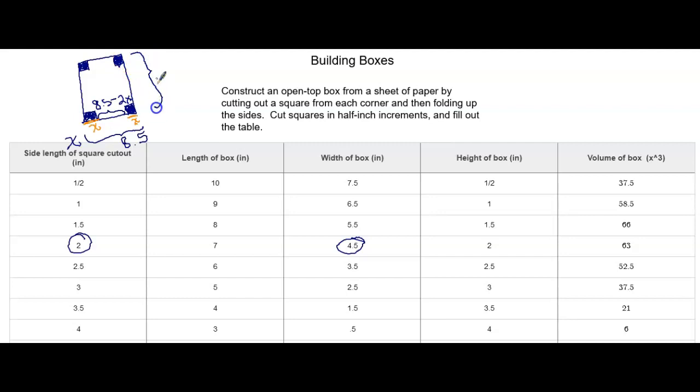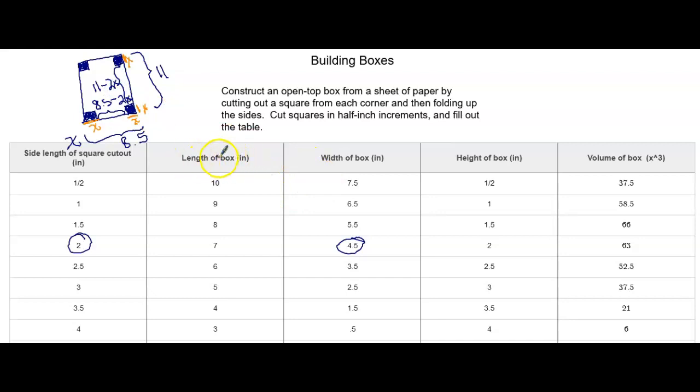This side right here is 11, but each one of these is another x right here and right here. And so we have an x here and we have an x here. So then that means that the length in between those two boxes, this distance right here, would be 11 minus 2x.